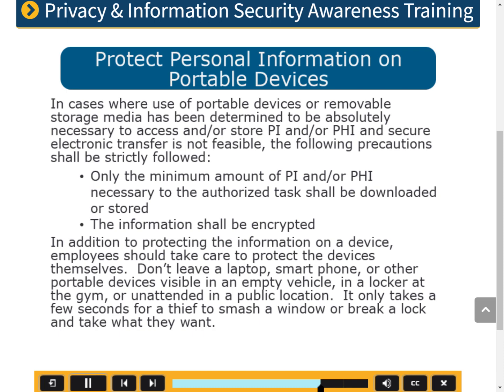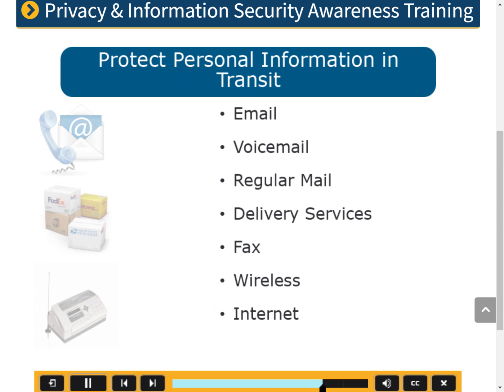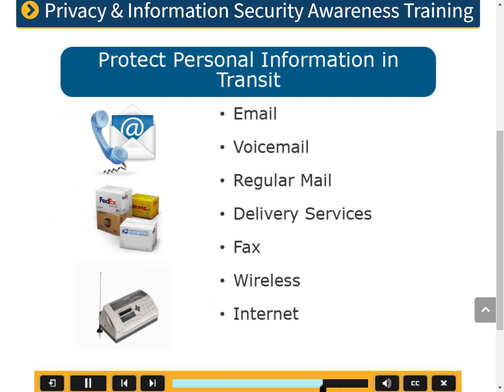In addition to protecting the information on a device, employees should take care to protect the devices themselves. Don't leave a laptop, smartphone, or other portable devices visible in an empty vehicle, in a locker at the gym, or unattended in a public location. It only takes a few seconds for a thief to smash a window or break a lock and take what they want.